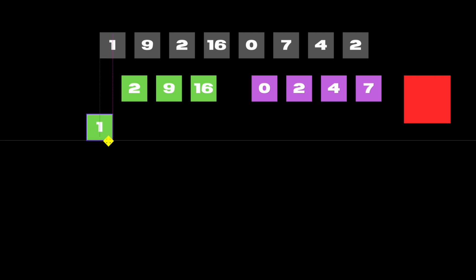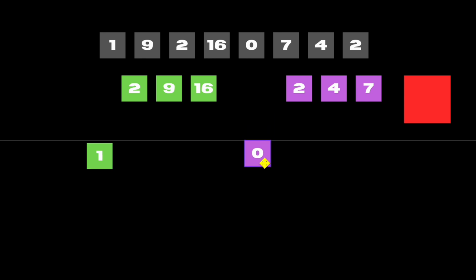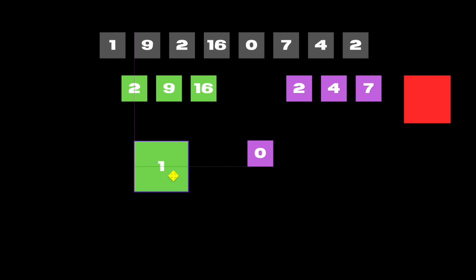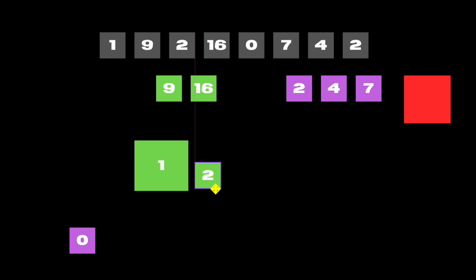So we're going to take the first one of each list, and then compare it. This one is bigger, so we mark this as the biggest one and we put that down here. And then we compare this to it. Okay, that makes it bigger.